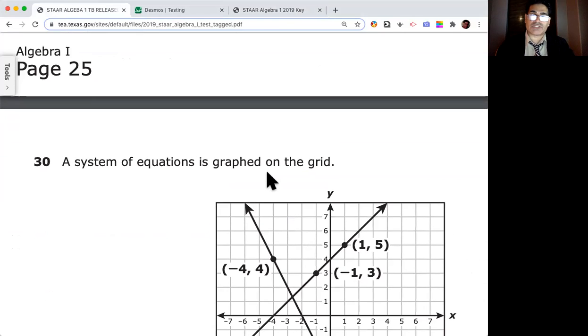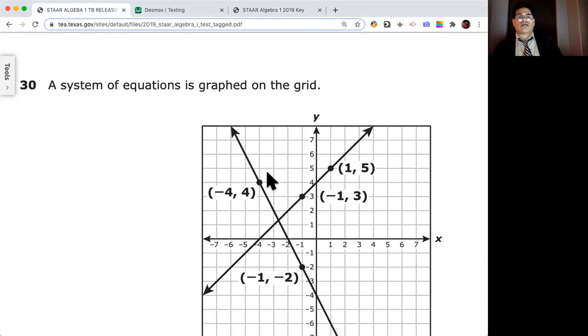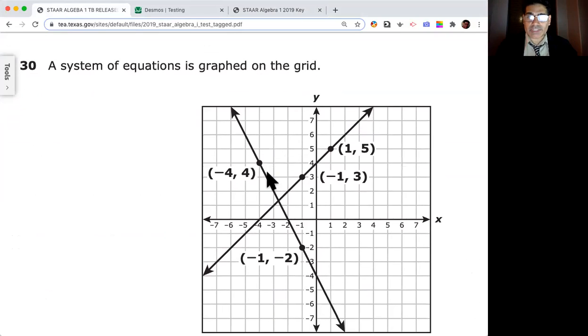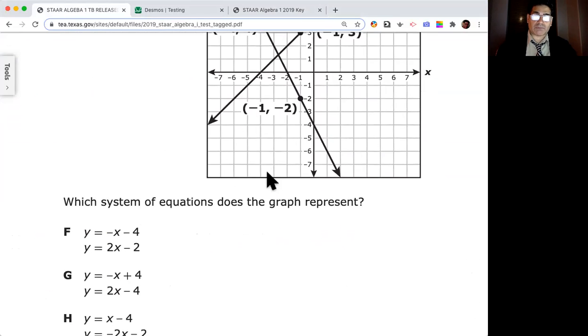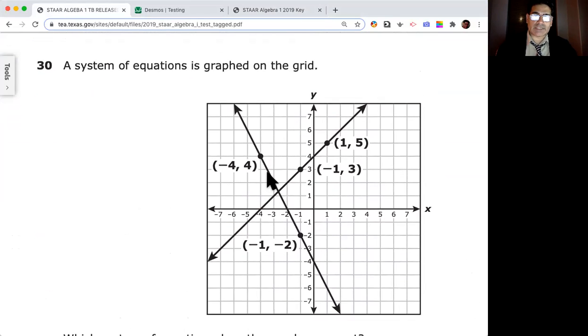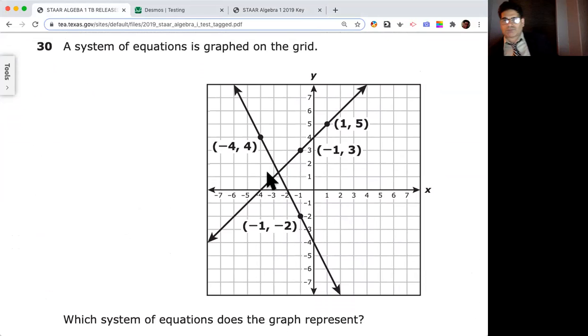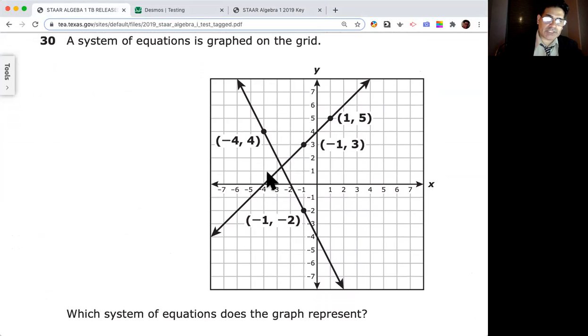We only have one more in this series. A system of equations is graphed on the grid. Which system of equations does the graph represent? You should be familiar and comfortable now with just plugging in the equations.